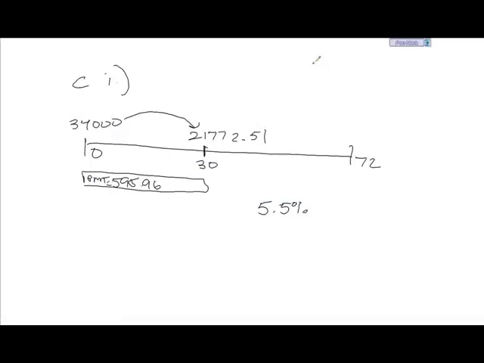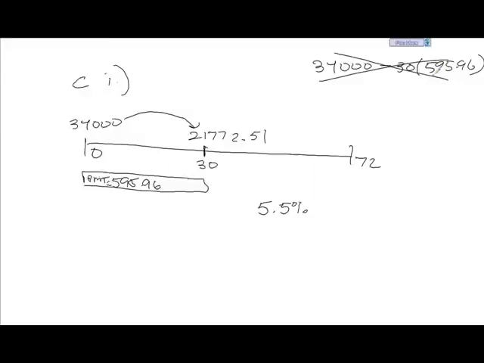Now keep in mind, you cannot just do 34,000 minus 30 times the payment, because keep in mind that this $595.96, part of it goes to paying interest and part of it goes to paying down the 34,000. So this whole thing doesn't go to reduce the balance.